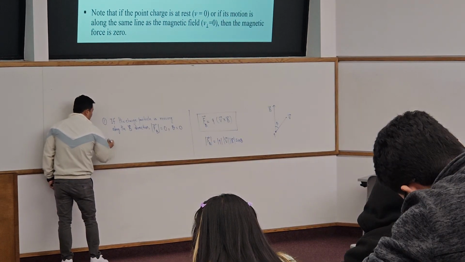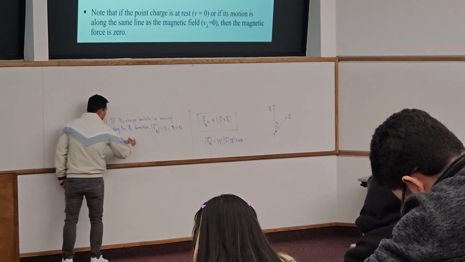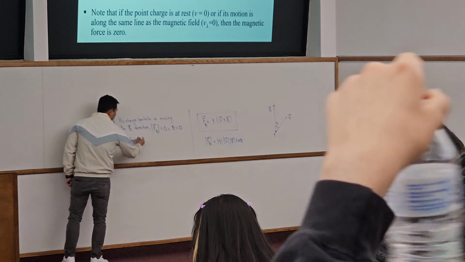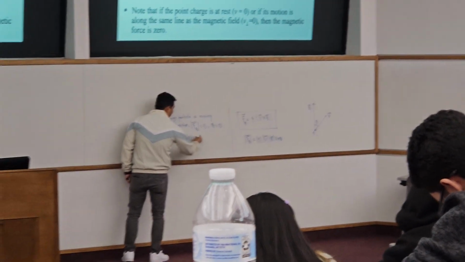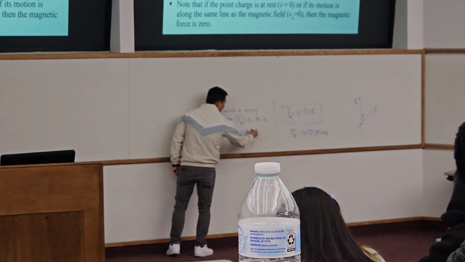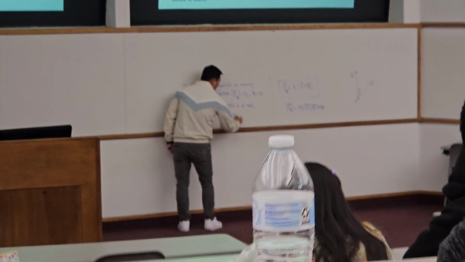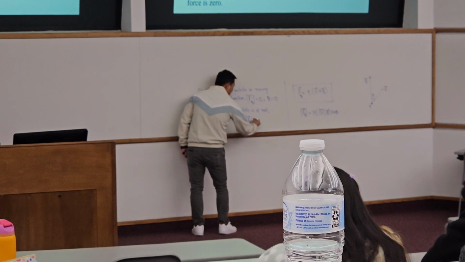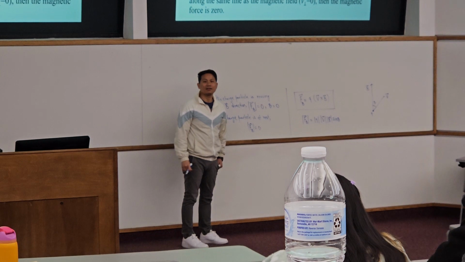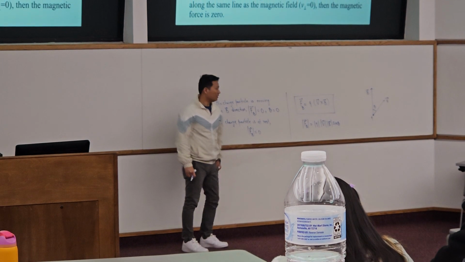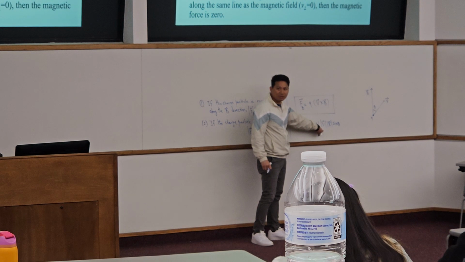And if the charged particle is at rest, then F equal to 0, right? If the charged particle is at rest, the velocity is 0.